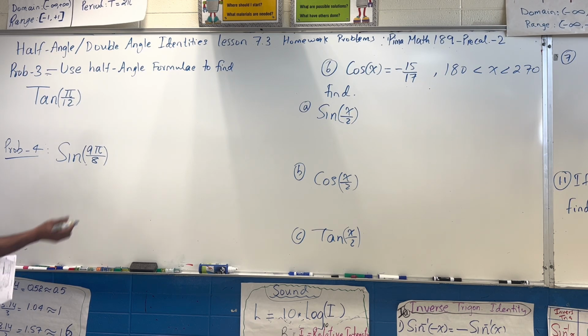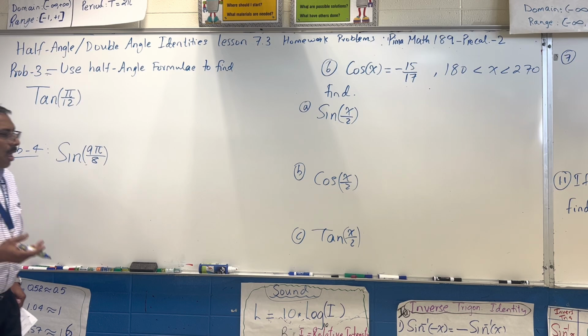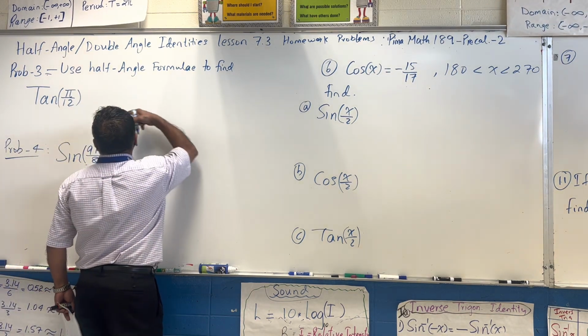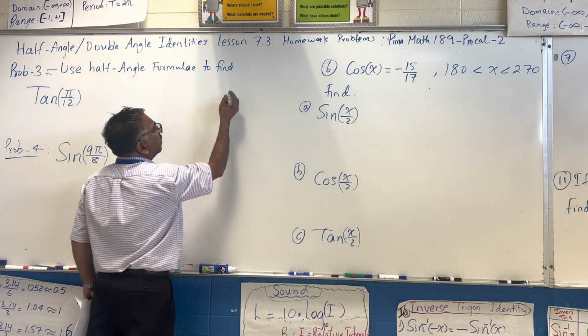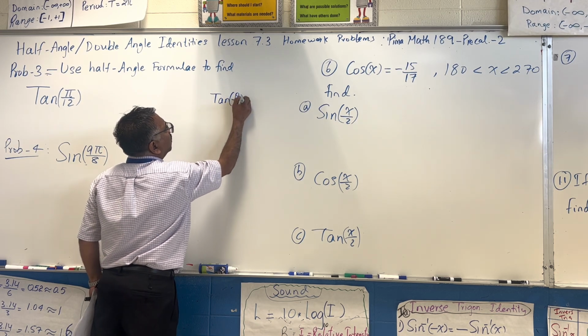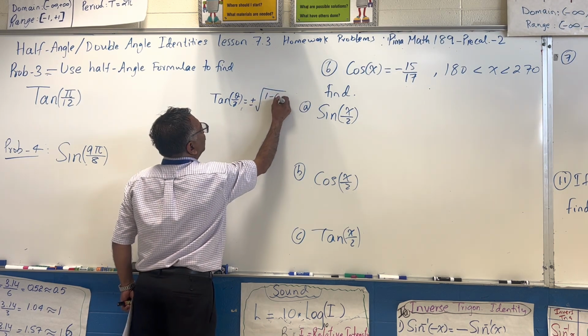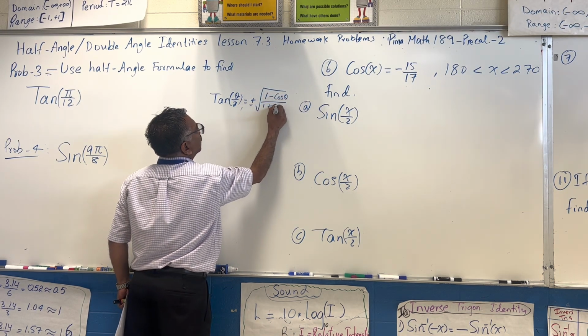In order to use the half angle formula for tan, we can write it in 3 different ways. Tan of theta by 2 is plus or minus the square root of 1 minus cosine theta over 1 plus cosine theta.